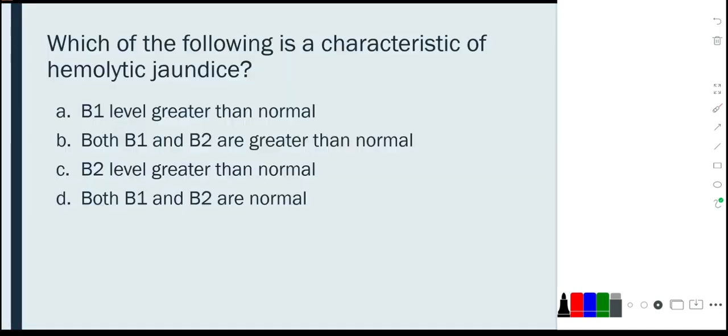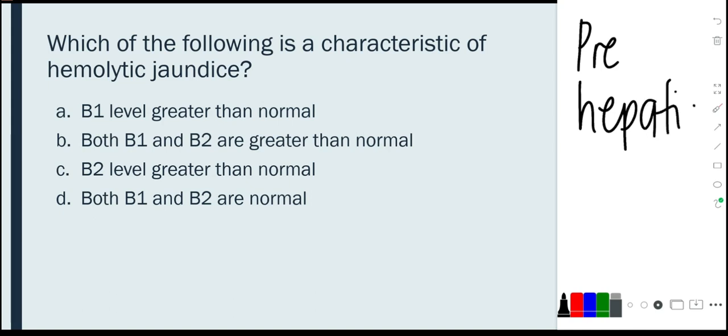Let us now move on to the next question. Which of the following is a characteristic of hemolytic jaundice? A. B1 level is greater than normal. B. Both B1 and B2 are greater than normal. C. B2 level is greater than normal. Or letter D. Both B1 and B2 are normal. So we have already mentioned hemolytic jaundice being classified as prehepatic jaundice. Now, when we talk about jaundice, di ba, it's either B1 or B2 ang nagsaka.